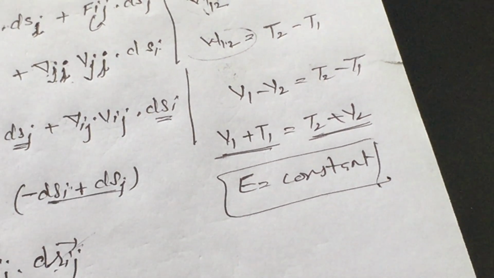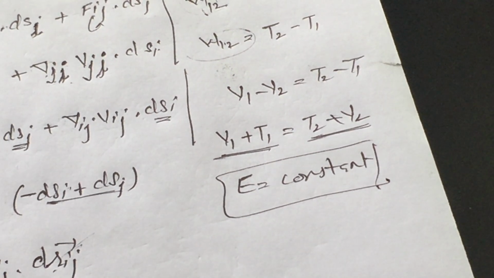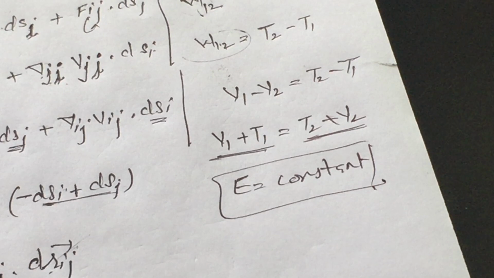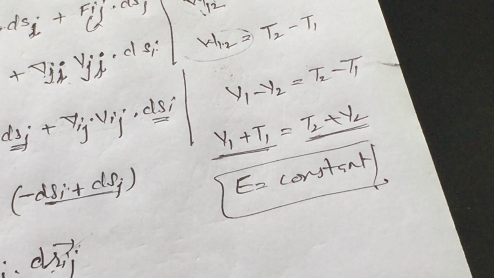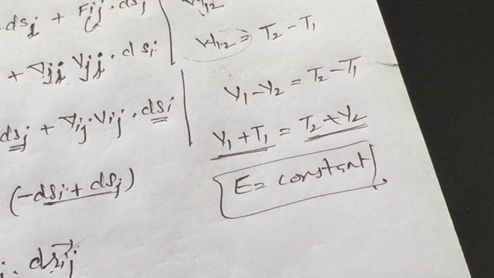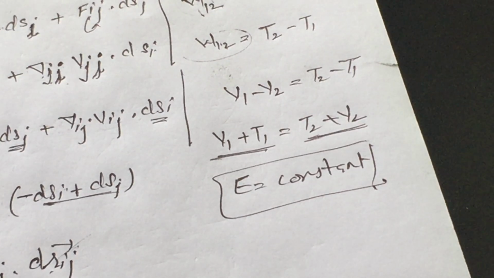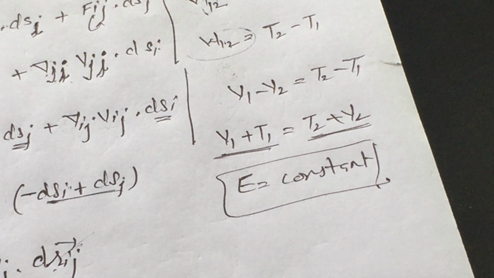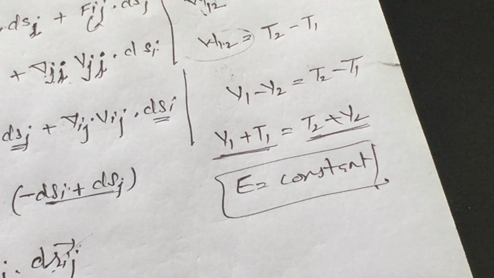This is all about the law of conservation of energy for many particle system. The condition is that internal forces should be central forces and external forces should be conservative forces, so they can be put into the scalar potential function.